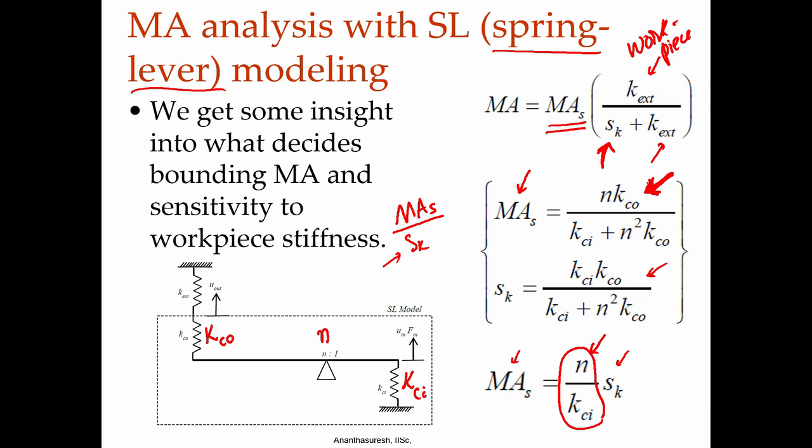We had discussed optimization problems here, but the SL model, the spring-lever model, gives you an idea of designing a compliant mechanism in view of mechanical advantage throughout the motion, because these three parameters Kco, n and Kci change from position to position. So, if you can determine them, which we had discussed earlier, we will also know how mechanical advantage changes in our compliant mechanism.